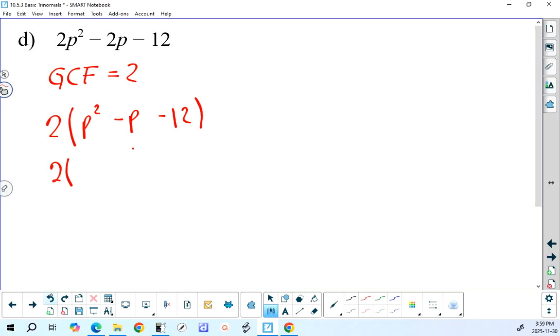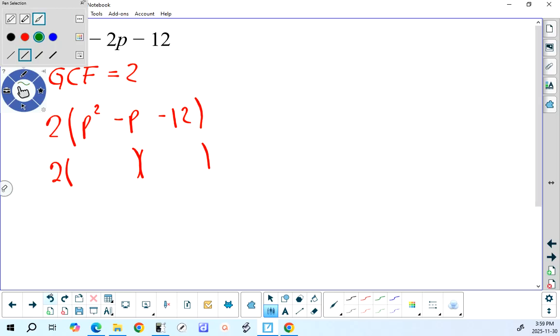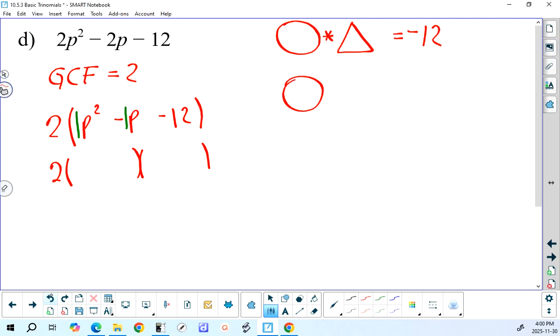And that means, since the coefficient of the first term is 1, I can use this little trick. By the way, the middle coefficient is negative 1. So we are looking here at two numbers that multiply to give negative 12, but they have to add to give negative 1.